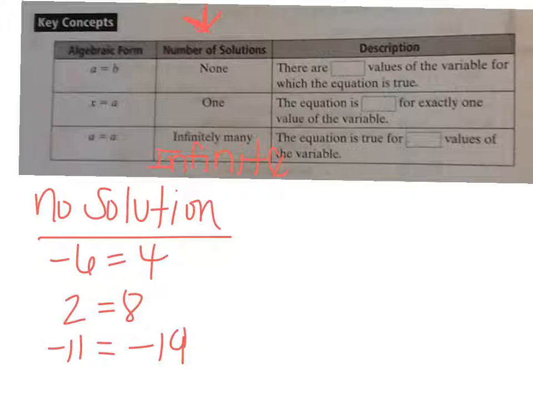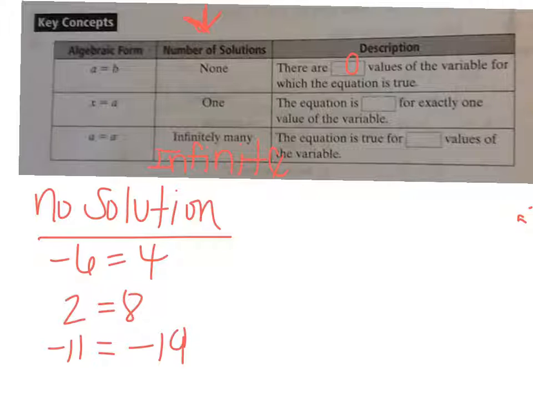They're just not going to be equal. So there are blank values of the variable for which the equation is true. There are 0 or no values. We know that all these numbers are not the same.